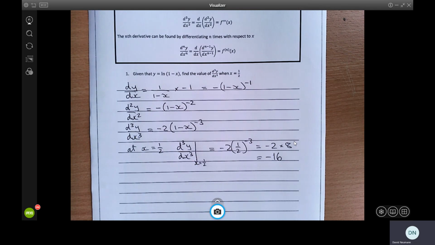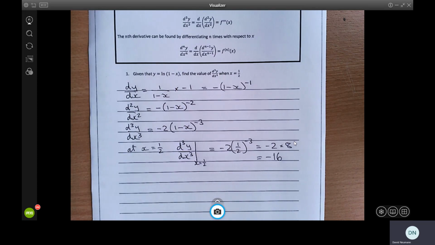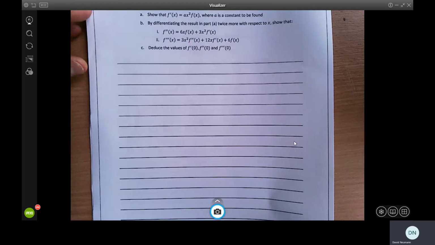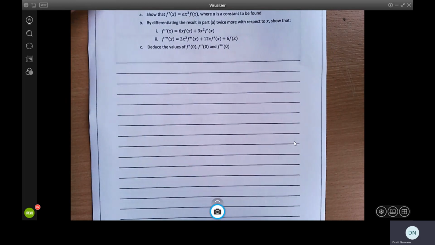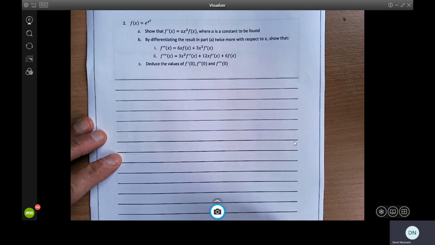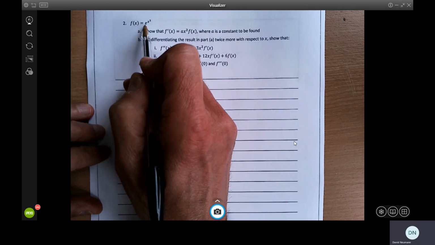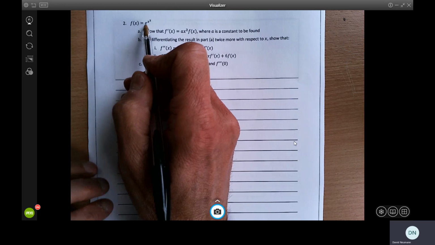Okay, so there's an example where we have used the chain rule a series of times. If we look at the next page in the course workbook, we've got an example where our function f of x is e to the power of x cubed.